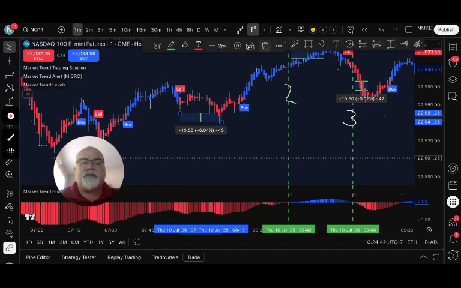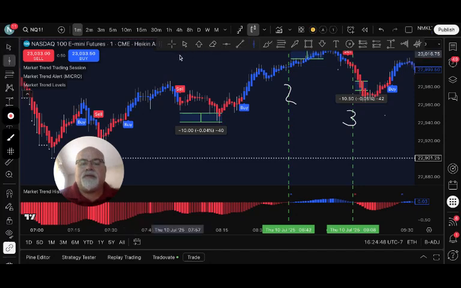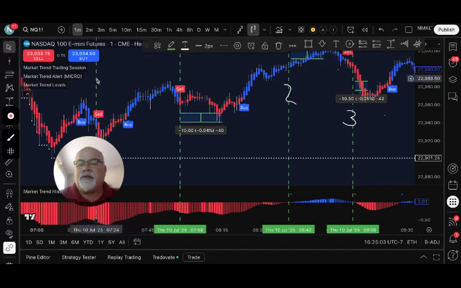Where's my vertical line? Oh, I got two things going on. That's why. Just a minute. Let's put a vertical line here. And let's put one more. Let me get that thing out there. Why does that keep showing up? We'll put another one over here, okay?